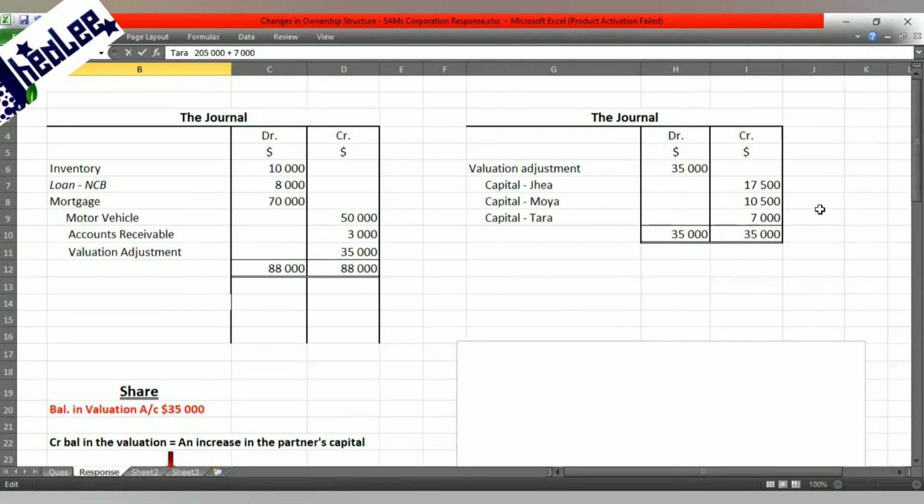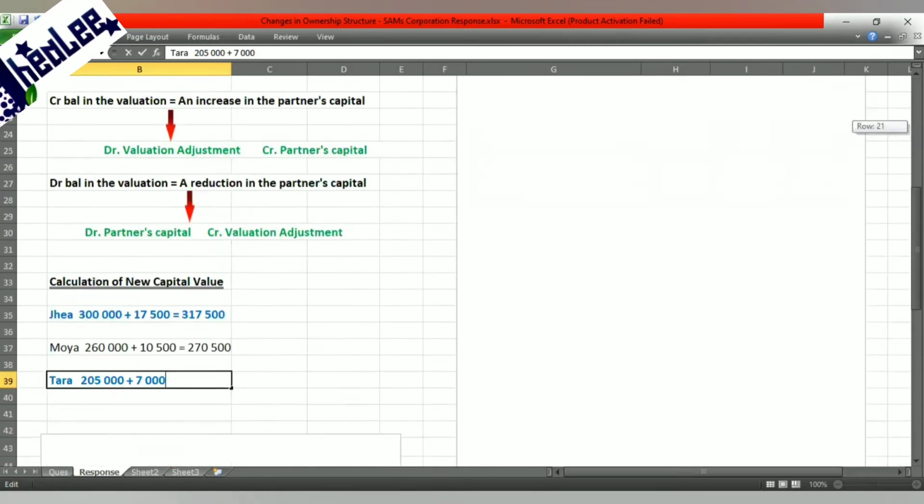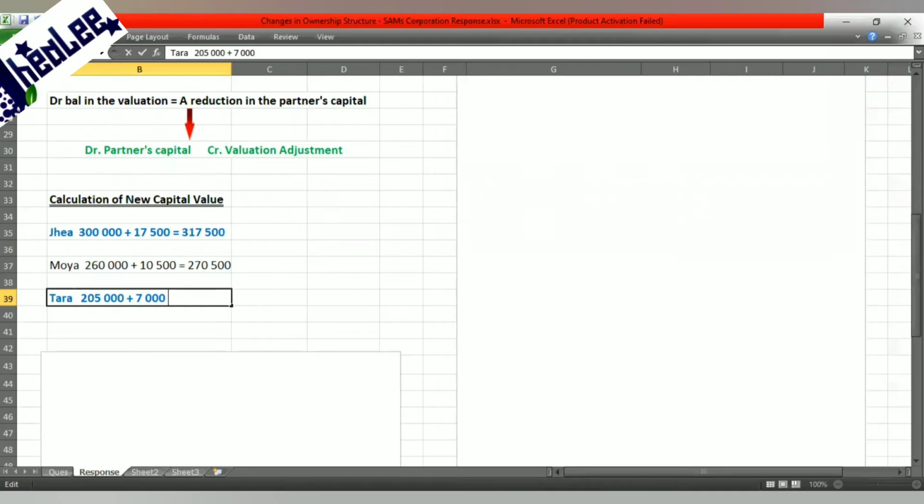So coming from the journal with the share of the gain, remember, use the profit sharing ratio to do that. Tara got 7,000, so that is 205,000 plus the 7,000, which gives us $212,000. So these are the new capital values.